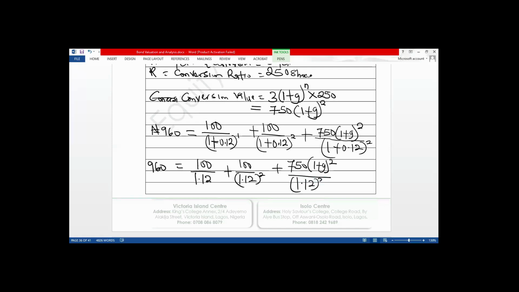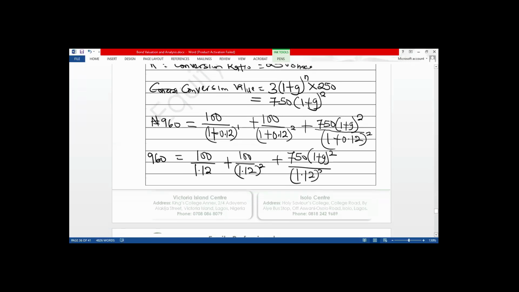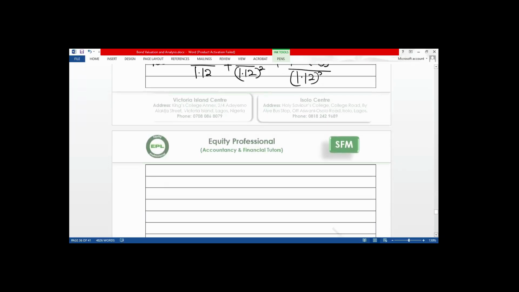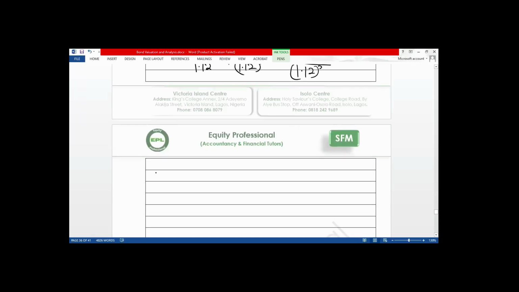Now apply your calculator. This is 960. Please, 100 divided by 1.12. What do we have? 89.29.